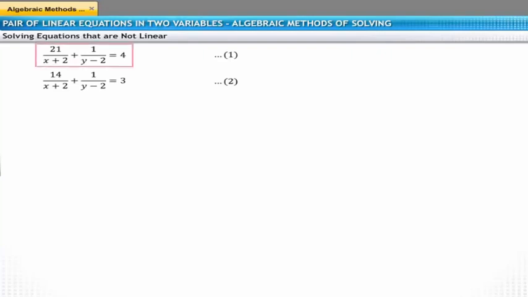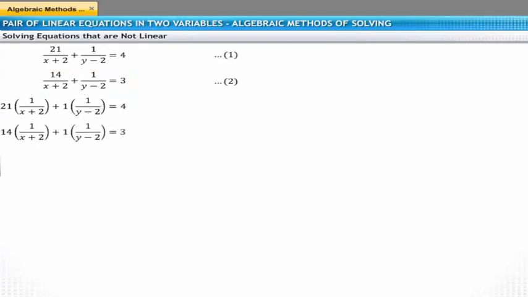First, we'll rewrite the equations as shown. Next, we'll substitute the fraction 1 divided by x plus 2 with u and the fraction 1 divided by y minus 2 with v respectively.